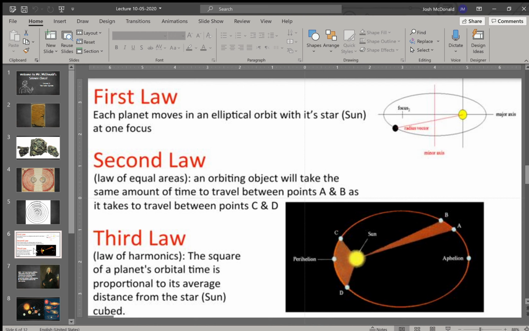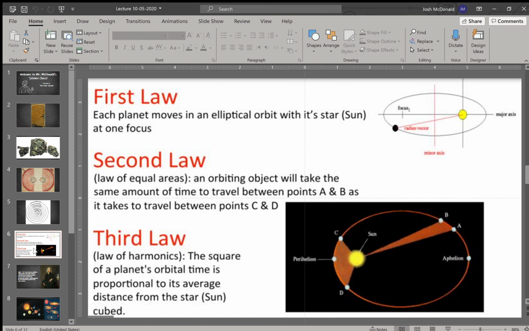The first said that each planet has an elliptical orbit around the sun. You remember we talked about an ellipse. It's not a perfect circle, it's more of an oval, and instead of having one point at the center, an ellipse has 2 foci, that's plural for focus. So the sun would be one focus, and then there would be another, but the planet would move in this oval around.